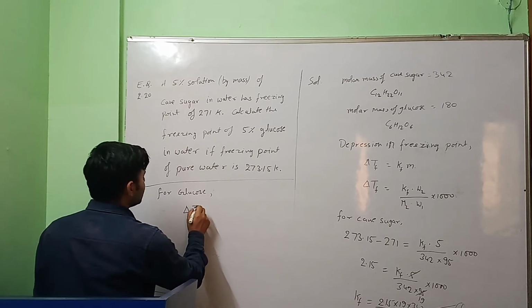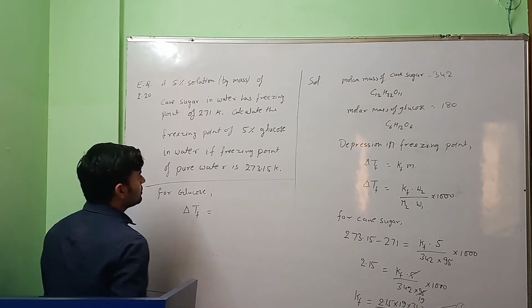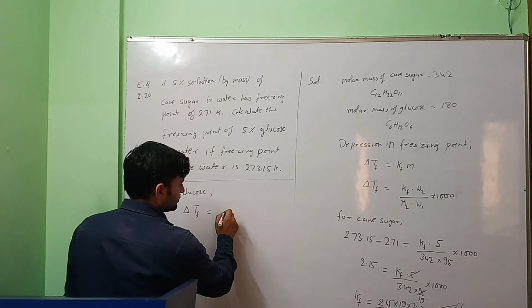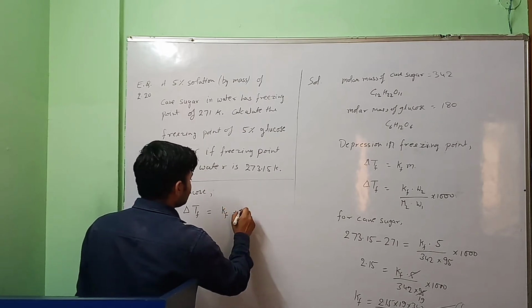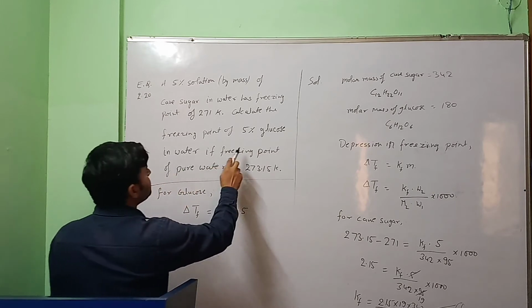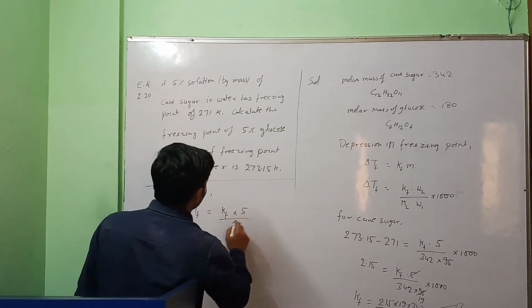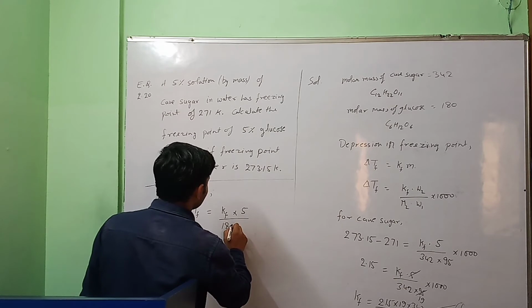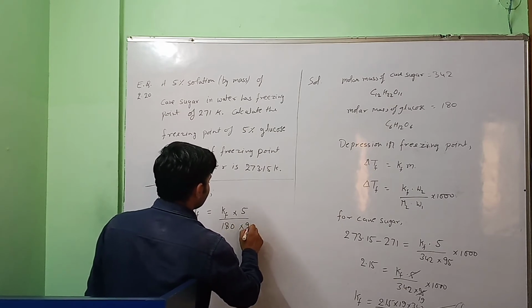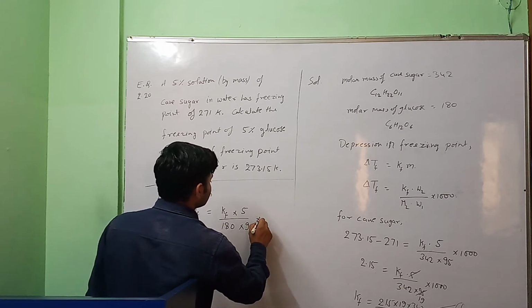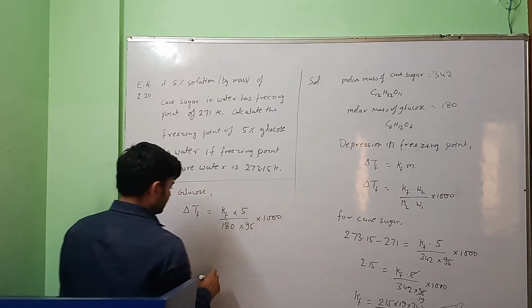For glucose, delta TF equal to KF into 5, that is 5% of glucose, upon 180, the molar mass of glucose, into 95, the mass of solvent, into 1000.